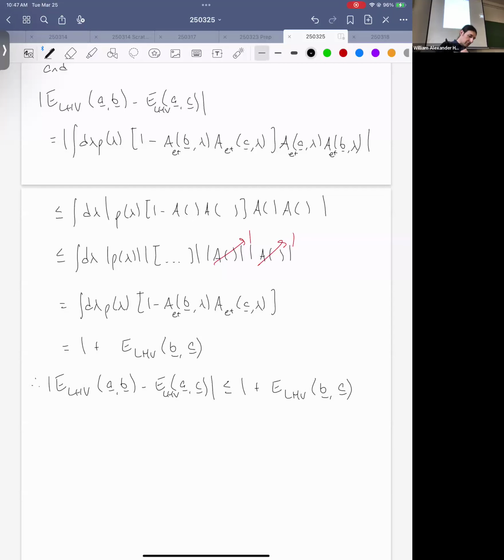Okay. So let's compare what EQM yields in, I think this is equation 4. That is, is QM consistent with local hidden variable theory?